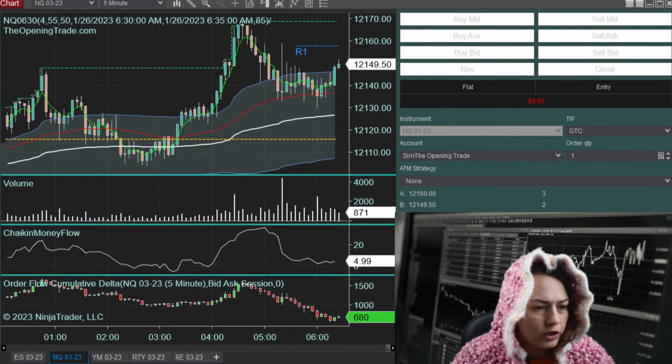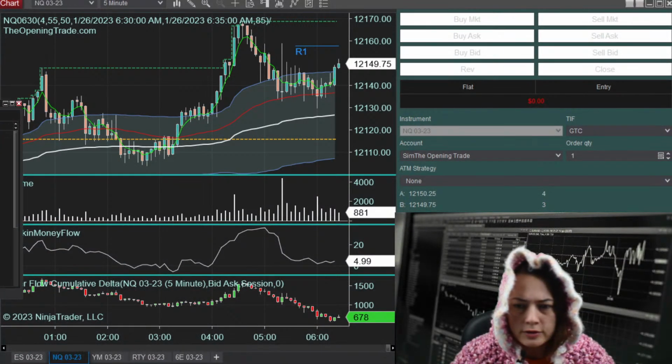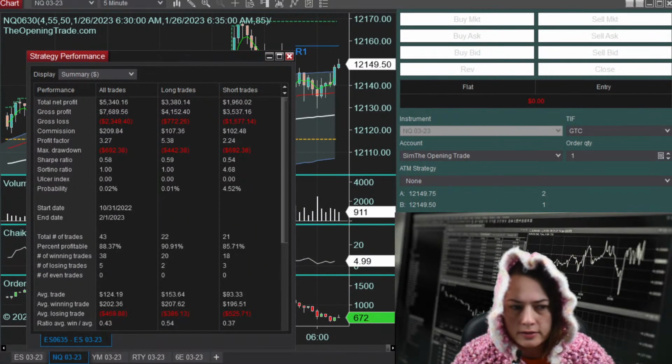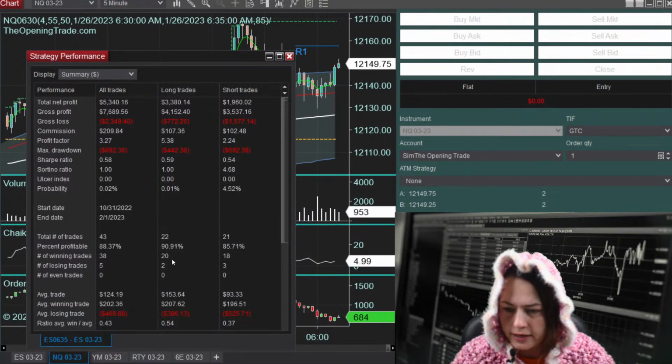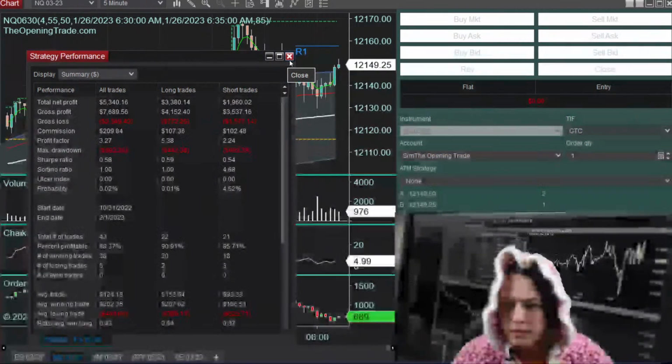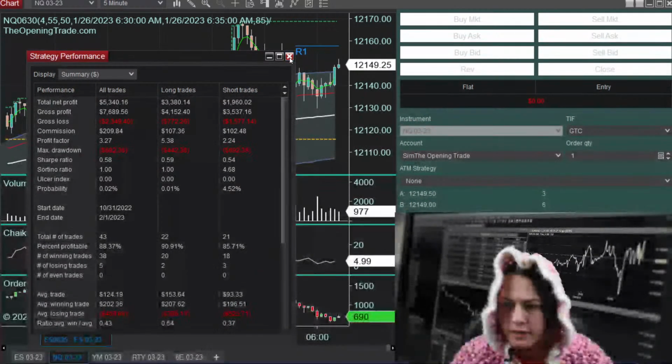So then we'll look at the S&P 500. Okay. So here we have our 90-day date range, the max drawdown, the gross loss, the gross profit, and the total net profit. And this is for the S&P 500 automated trading system from the opening trade.